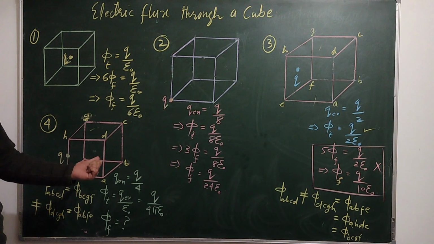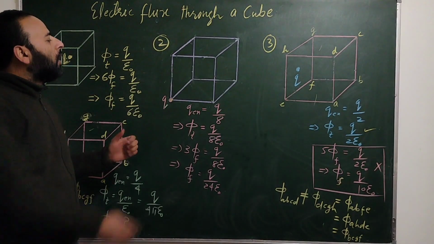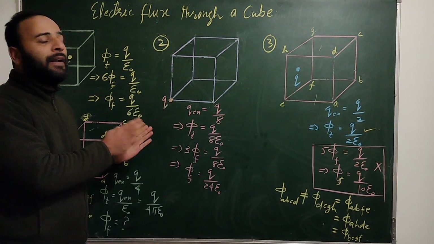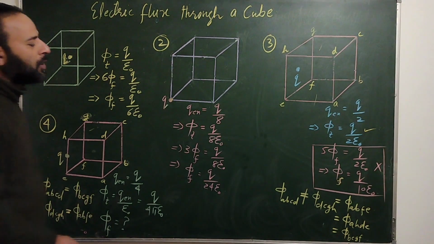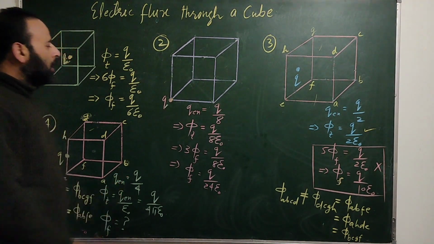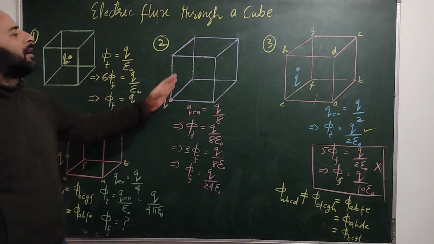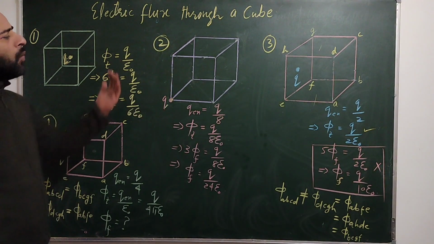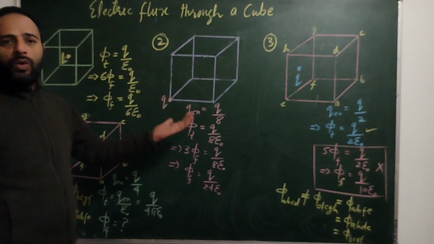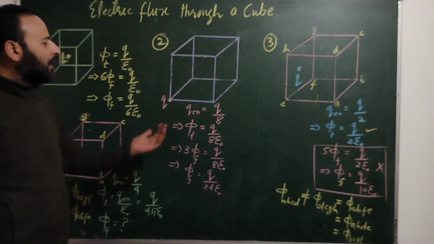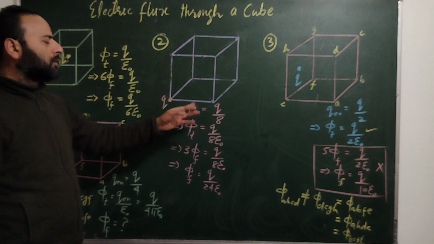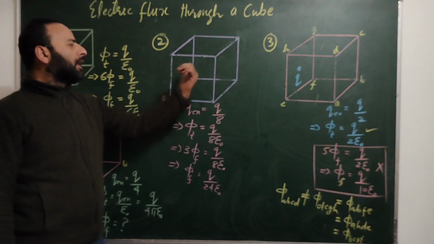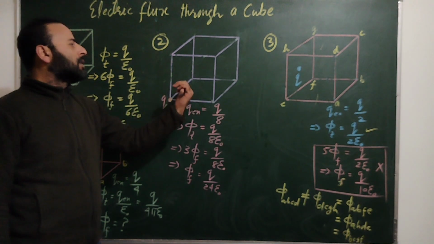We can calculate the flux through all these faces independently using the concept of solid angle. If we know the solid angle subtended by each face at the point where the charge is located, we can calculate the flux through each face, and then the total flux through the cube.